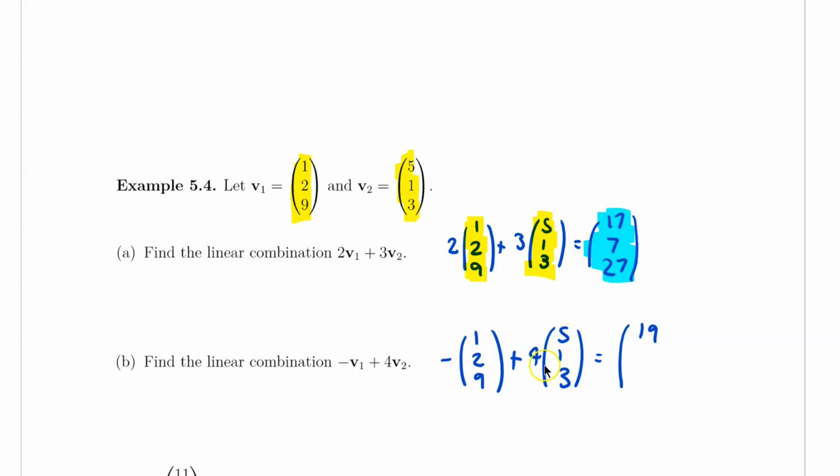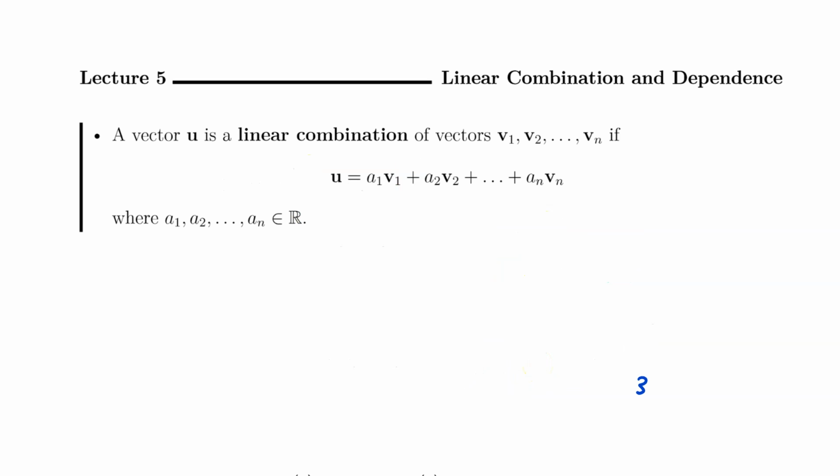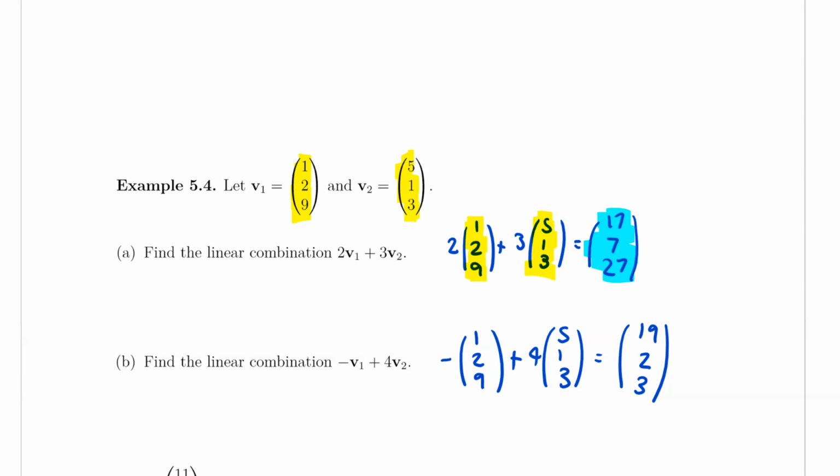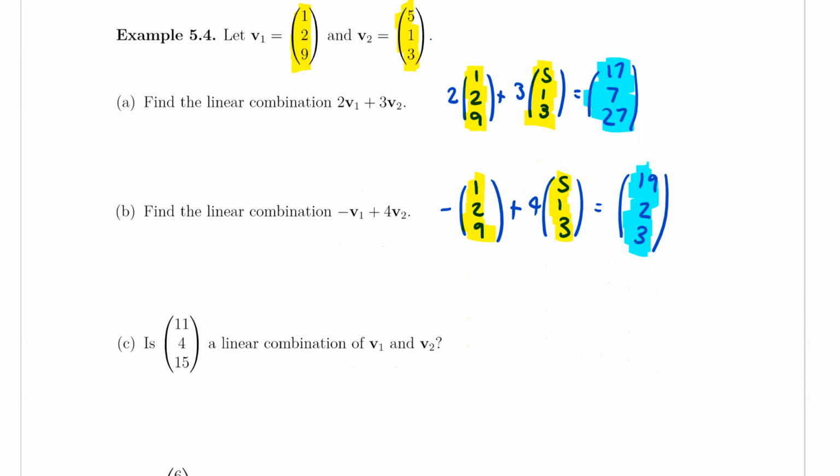I have negative 2 plus 4, so that's a 2. I have negative 9 plus 12, that is a 3, so I have a 3 here. So once again, this blue guy is a linear combination of my two yellow guys here. Okay, so this is not that bad, but let's take a look at the next part.